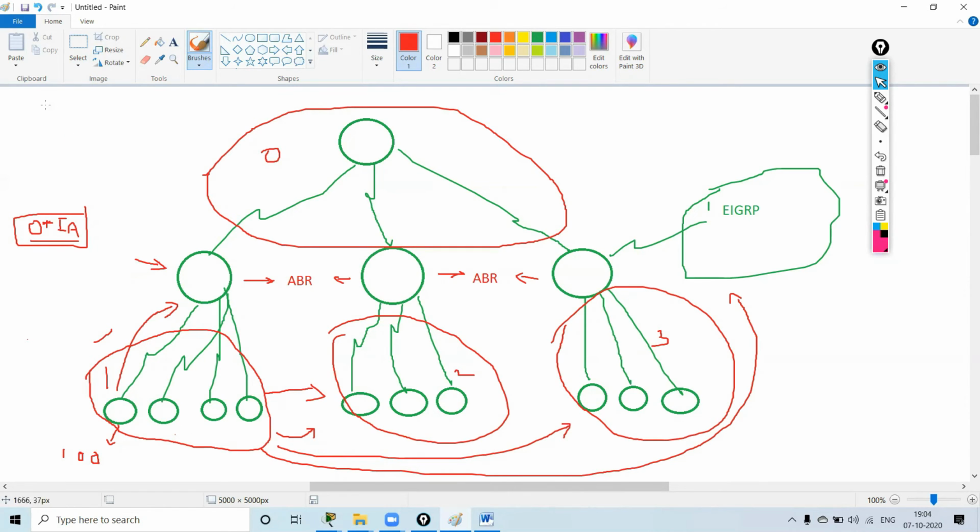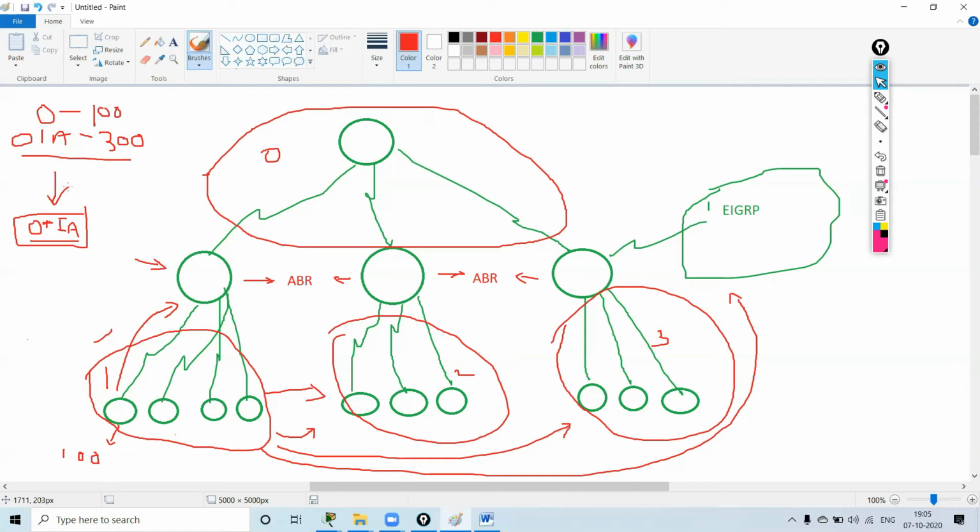So how many routes will I have in the table? 100 O routes, and with the other areas, I'll have 300 OIA routes in the routing table. Instead of these 300 routes, I will be just having one single default route. So my routing table will be decreased.